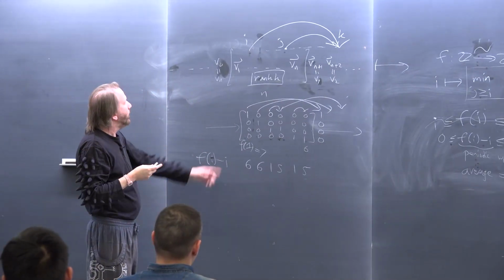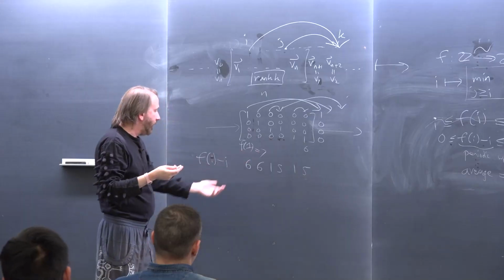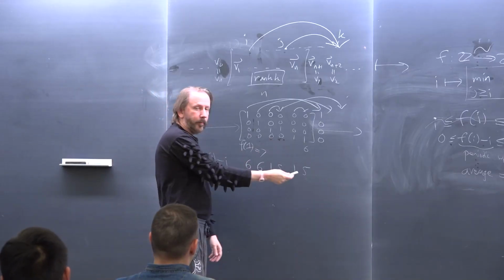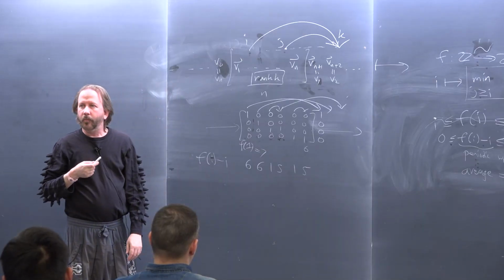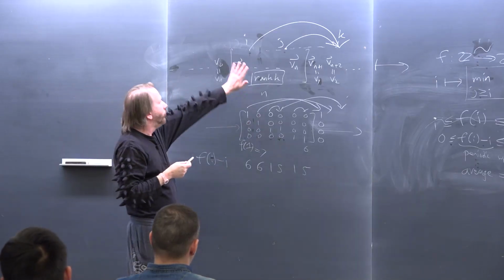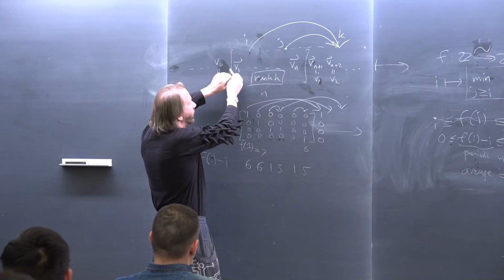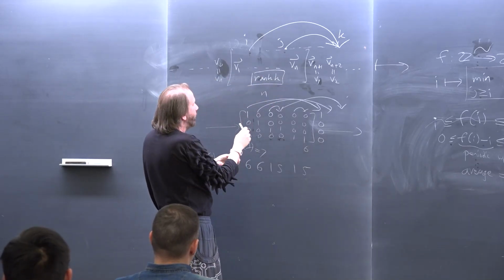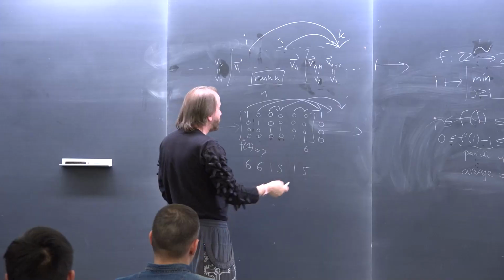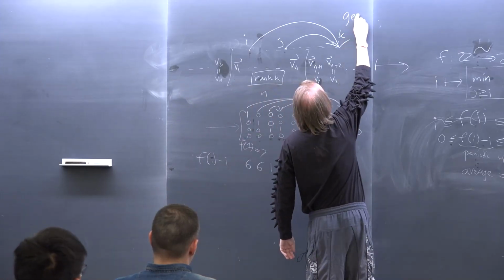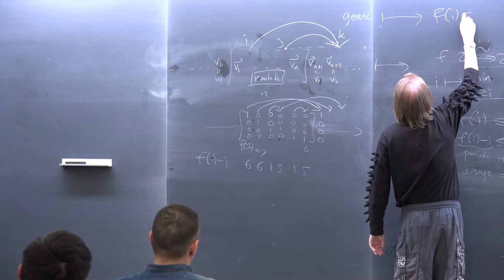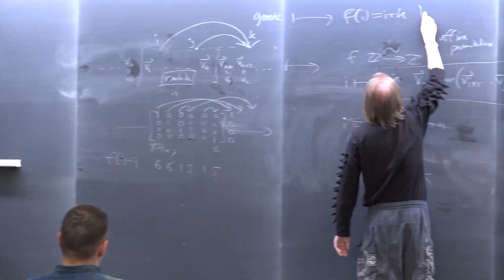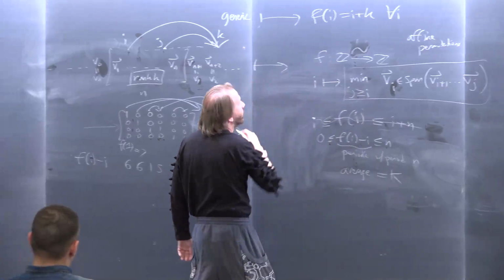So let's do an example. The average of these numbers is 4, and this is a rank 4 matrix. So generically, if I just write down random numbers here, then the generic matrix will map to f of i equals i plus k for all i.